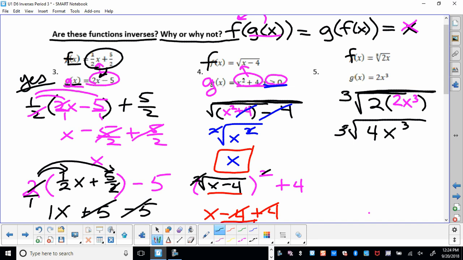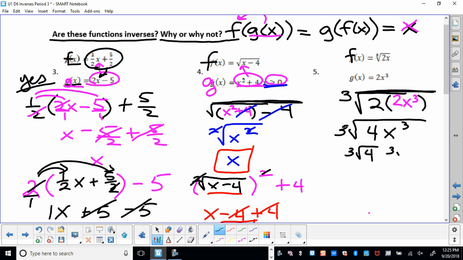Oh, wait a second. This is F, so I'm putting G for X. Okay, so 4x cubed. And so what I end up with is the cubed root of 4, right? And then these do cross out, right?